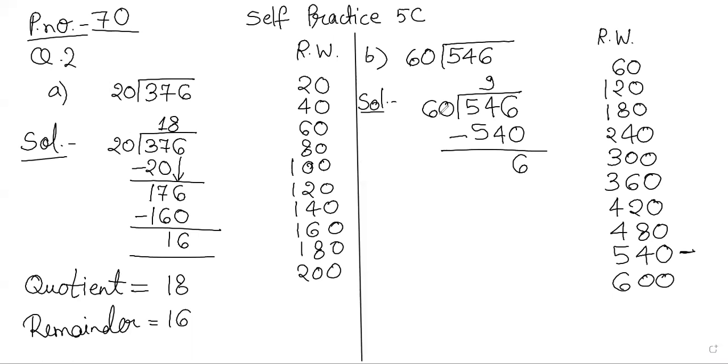Now compare this 6 with the divisor. It is not divisible as it is smaller. So we will put 9 in the quotient and stop the division here. Quotient and remainder.